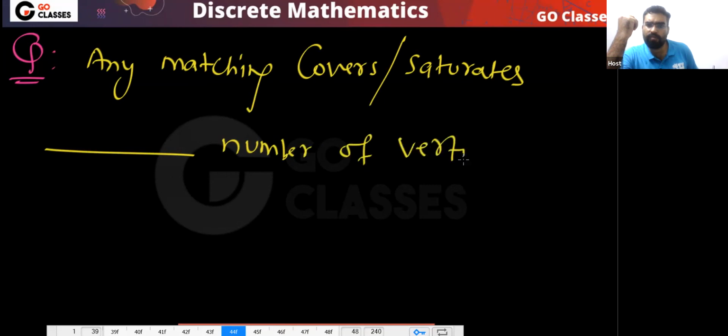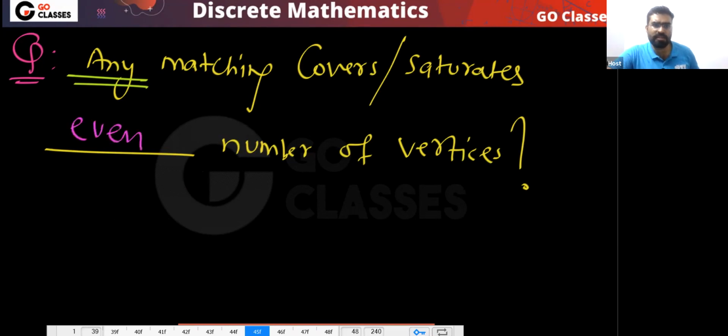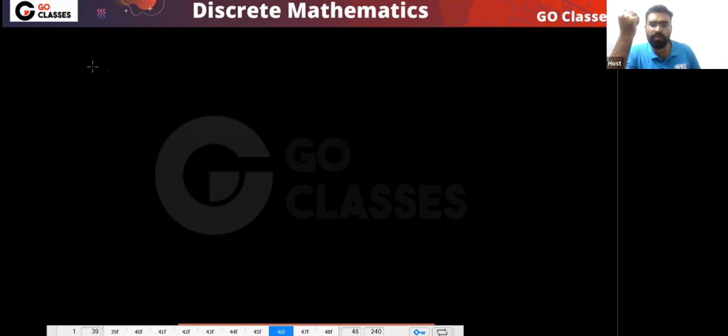Any matching will cover how many vertices? Whatever matching you take, it will cover an even number of vertices.